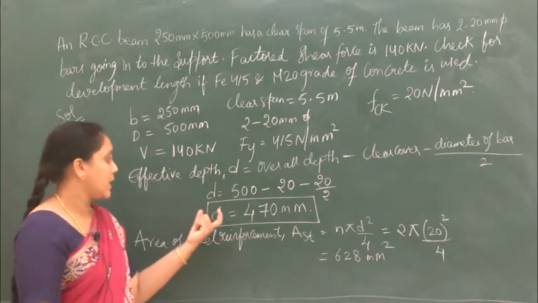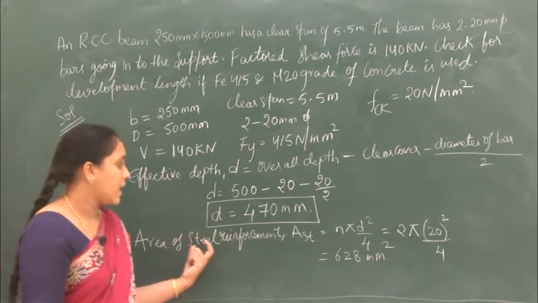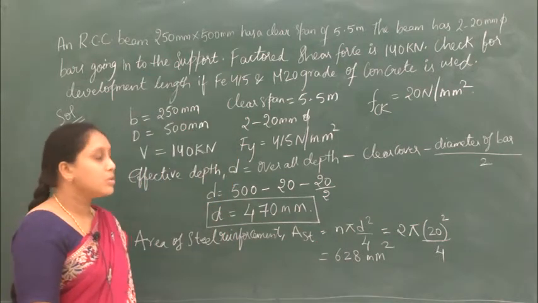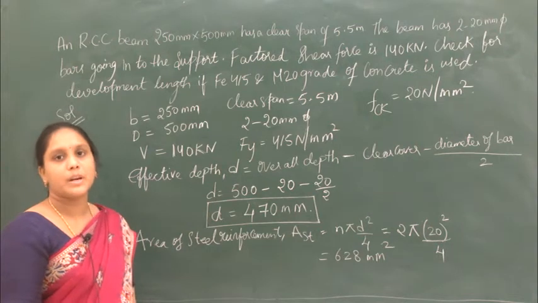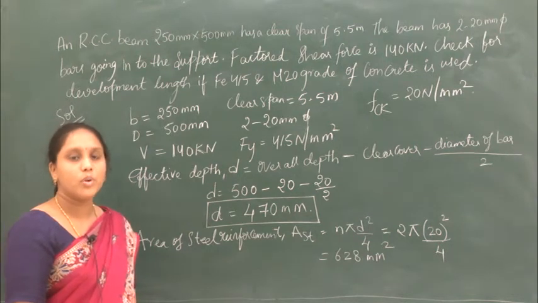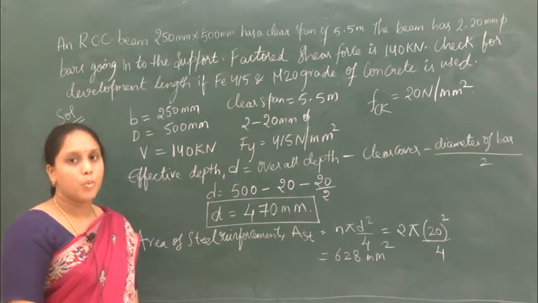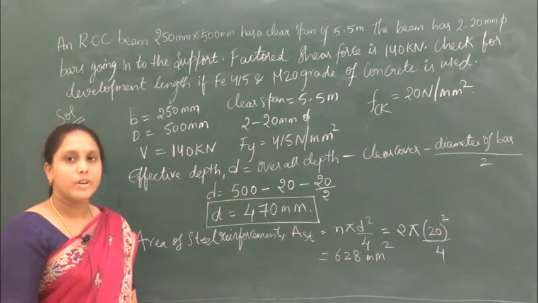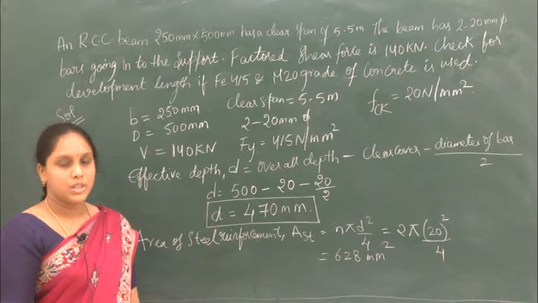Now we have calculated the effective depth d and the area of steel Ast, which is 628 mm square. In the check for the development length, what is the first step we have to do? We have to calculate the moment M1 at that particular section.